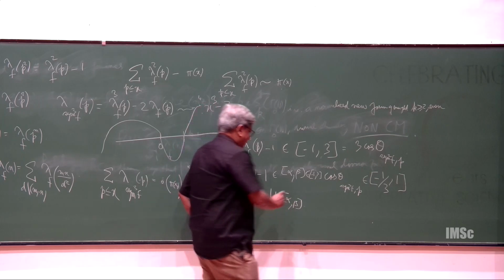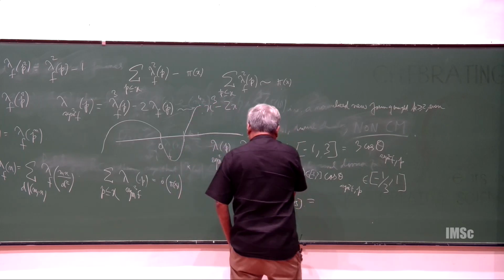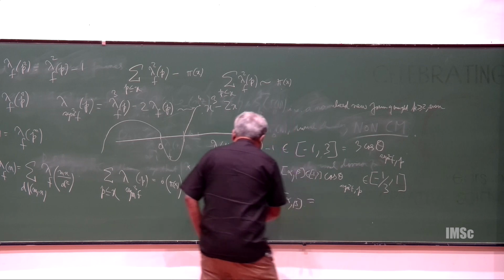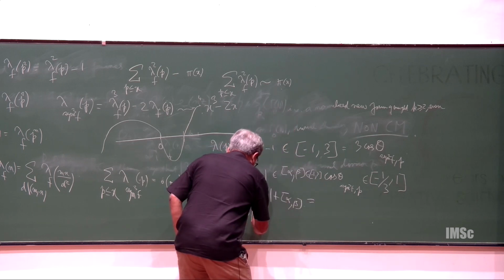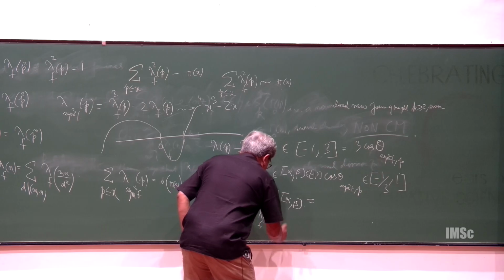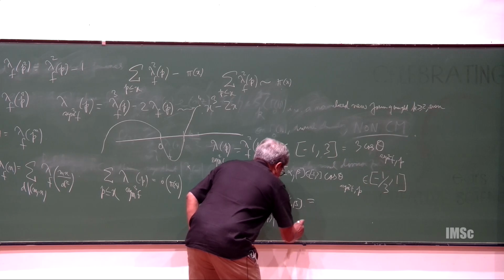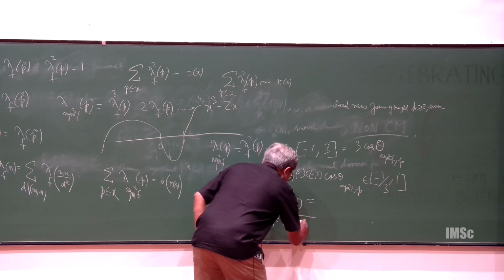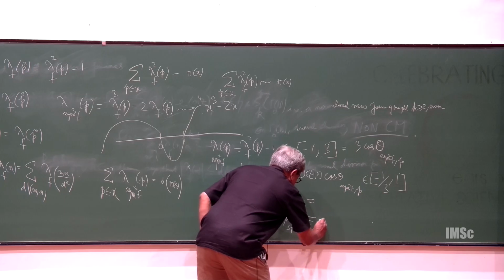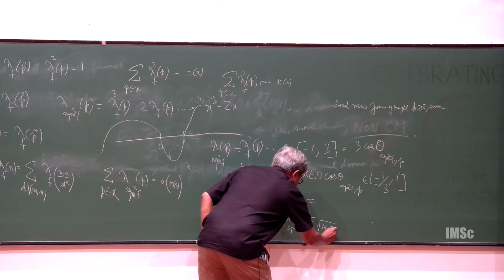So it's just the Sato-Tate measure twice, because |lambda f_p| squared. So this implies |lambda f_p| is the Sato-Tate measure of the interval square root of 1 plus alpha, square root of 1 plus beta.